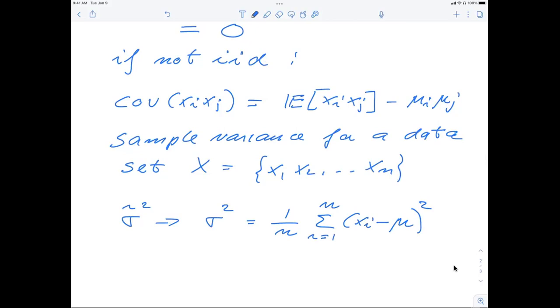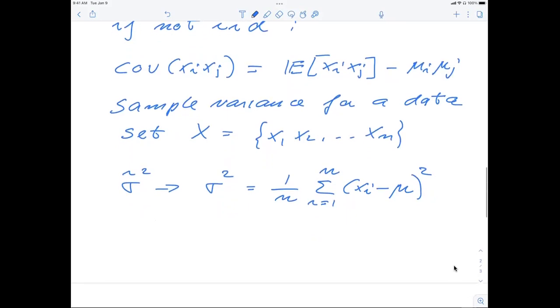And I'm going to assume that this is something which we want to have as close as possible to the true variance. And the same thing here, the mean which you see here is actually the sample mean, which may not be the same as the exact mean value if you were to know the distribution behind these stochastic variables x1, x2, up to xn. So this is in principle not the same as the true variance.